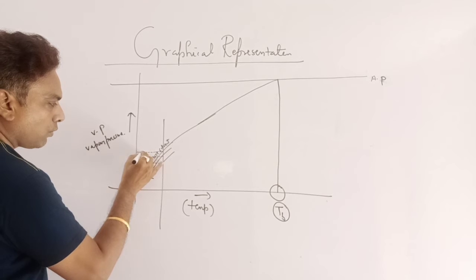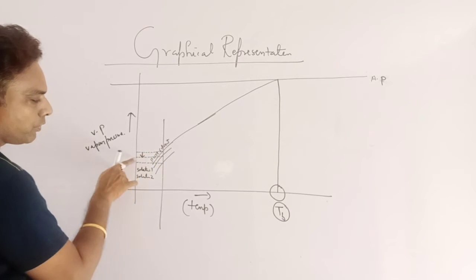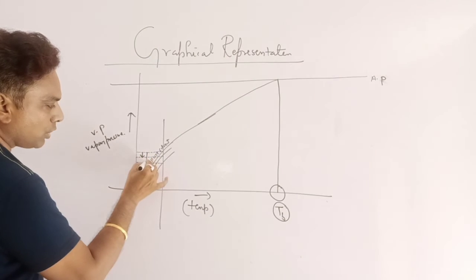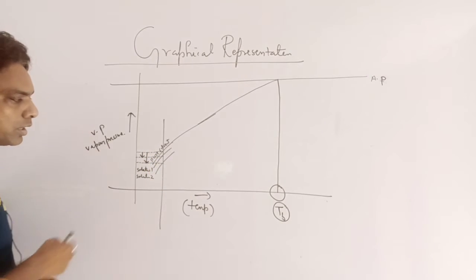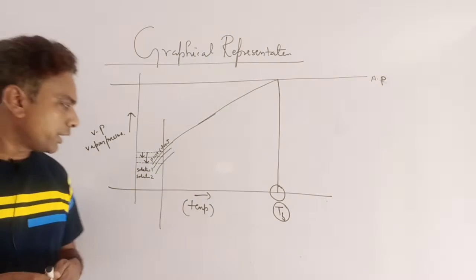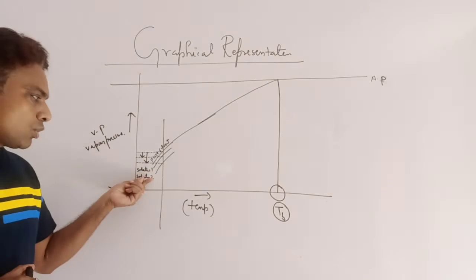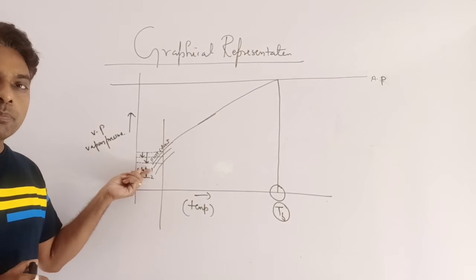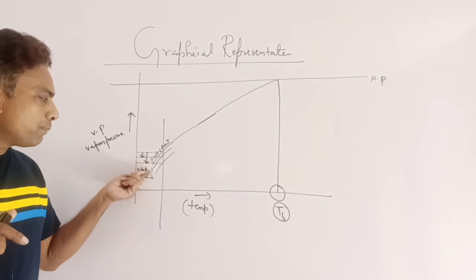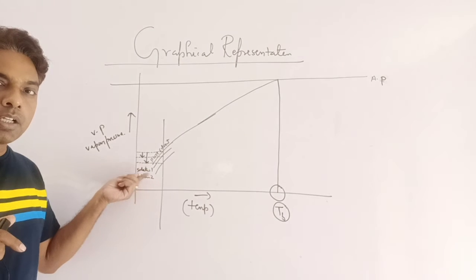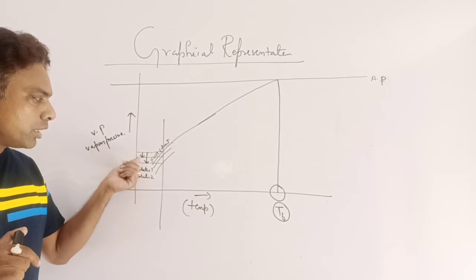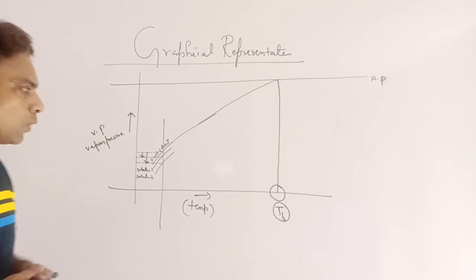For solution 1, the lowering of vapor pressure is this one, and in the case of solution 2, the lowering of vapor pressure is this one. If the lowering is greater, then solution 2 is more concentrated compared to solution 1. It means the solute quantity of solution 2 is greater than solution 1, so the vapor pressure is lowered more than solution 1.